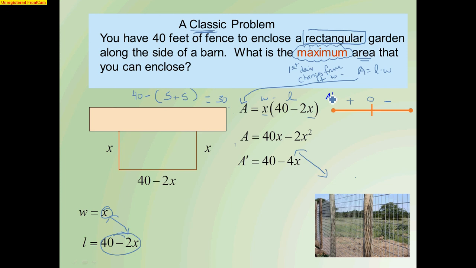So the first derivative is positive before its x-intercept and then is negative, corresponding to where there's a max and the original function changes from increasing to decreasing. I set the derivative equal to 0. Make sure you show this part. It's a calculus test: find the first derivative, set the first derivative equal to 0, solve for x.